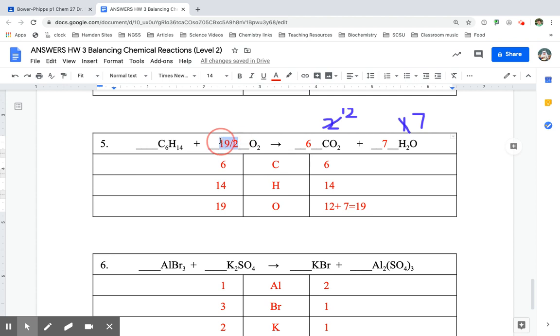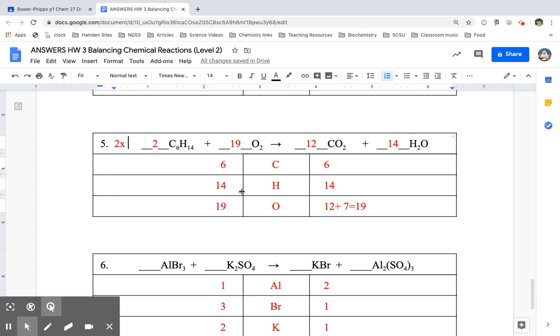But I can't leave that fraction there, so everything gets multiplied by 2. Right? Remember, we are multiplying by 2. So that means that this one becomes 2. This one becomes 19, this one becomes 12, and this one becomes 14 because I multiplied everything by 2.